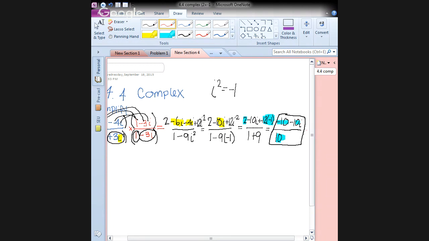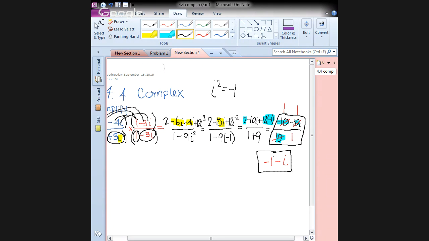So 10 divided by 10 simplifies to a 1, this will simplify to a 1, and this will simplify to a 1. I don't have to write the 1 on the bottom, so all I'm left with is negative 1 minus i, or you can say 1i, however you want to think of it. And there's our final answer, and that's all simplified.